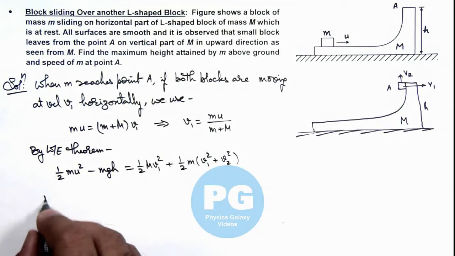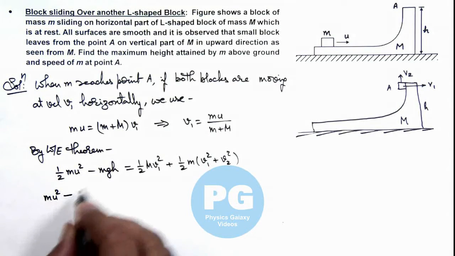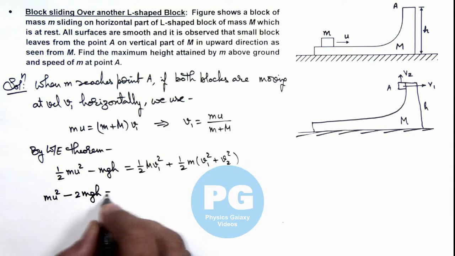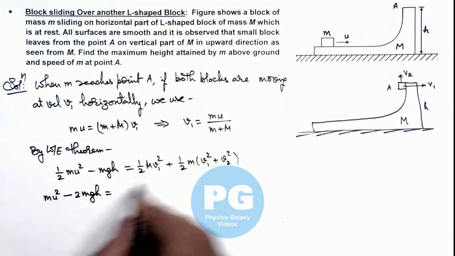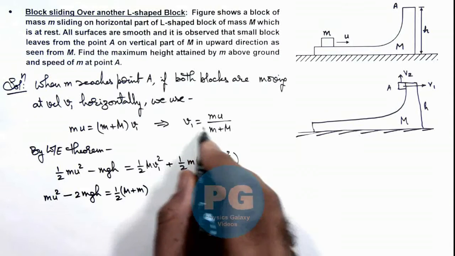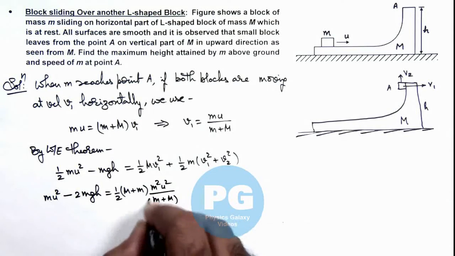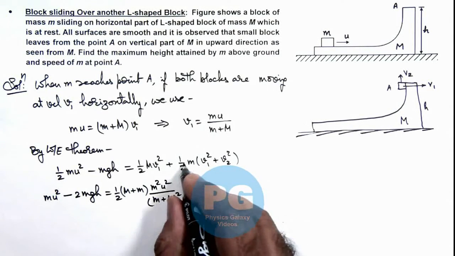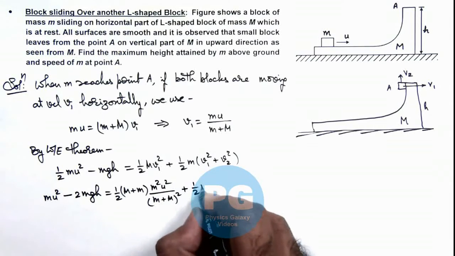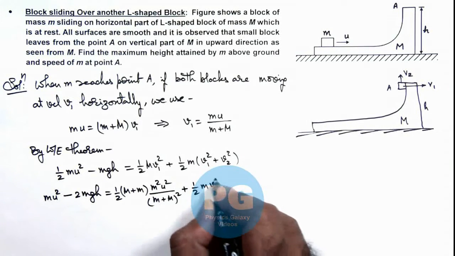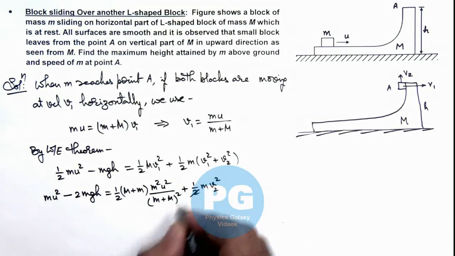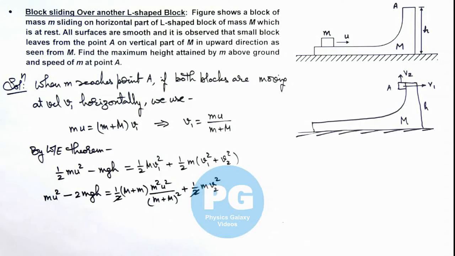So this will be mu square minus 2mgh equals, we can take half (m plus capital M) out, and v1 square we can write as m square u square by (m plus capital M) whole square, plus half m v2 square, and the half gets cancelled out on both sides.